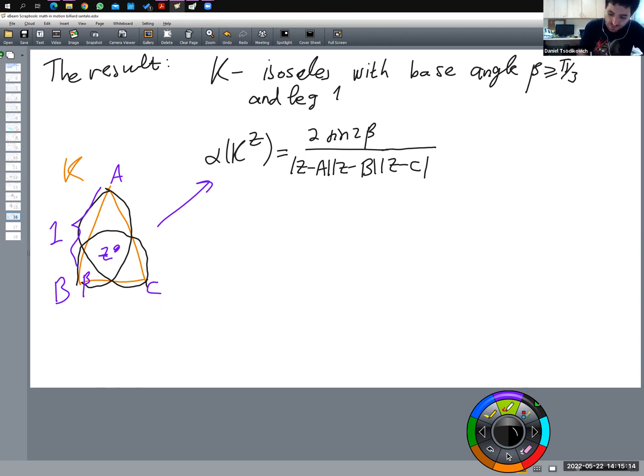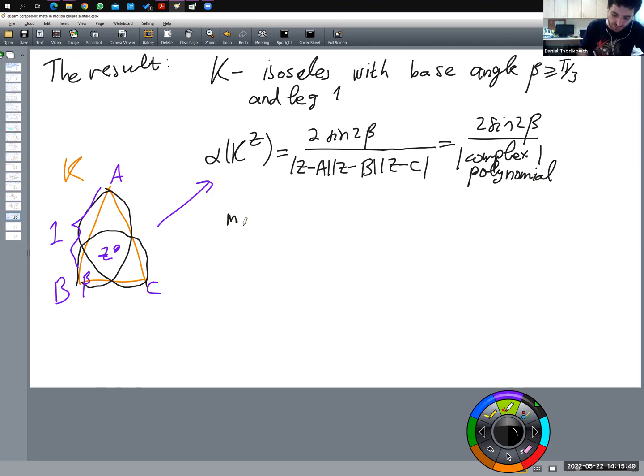And this expression is very nice because this is the absolute value of a complex polynomial. So just write it as 2 times sine 2 beta over the absolute value of a complex polynomial. And by the maximum principle, this thing cannot have local extreme points. So the minimal value of this function is attained when z is on the boundary.